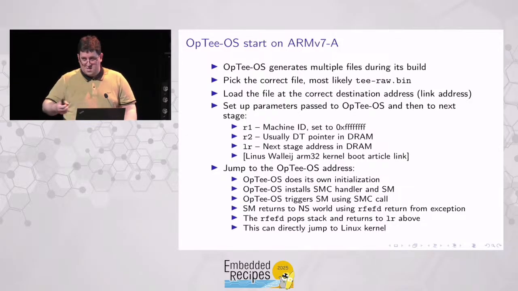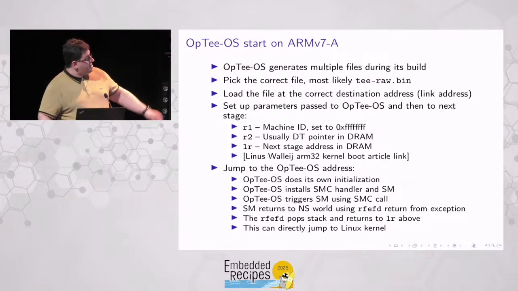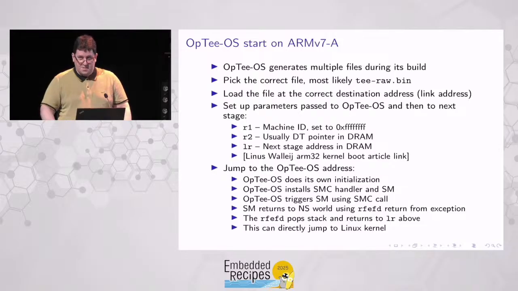So when you jump to OP-TEE OS, the initialization will look something like this. It does its own internal state initialization, initializes its drivers. When it's done doing all this initialization, it triggers the secure monitor on ARMv7-A.